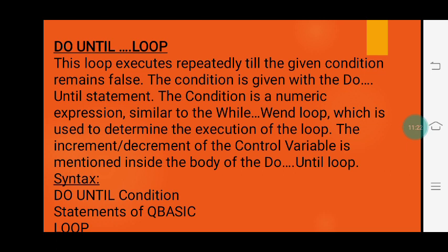The increment, means increased by 1 or 2, or decrement, means decreased by 1 or 2, of the control variable is mentioned inside the body of the do until loop. So the syntax is do until condition, statements of QBasic, and loop.